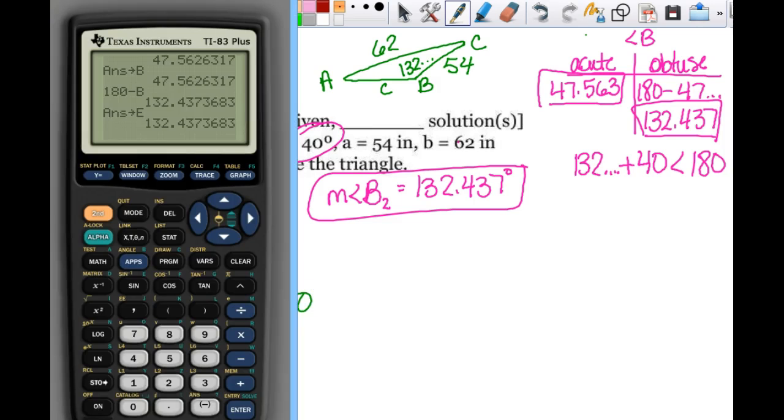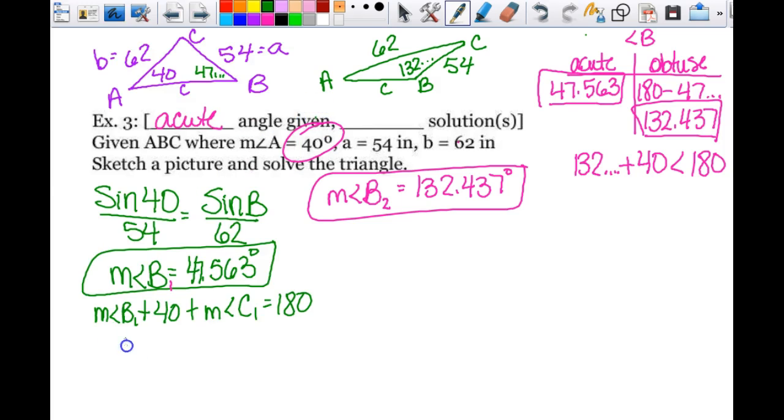So in my calculator, alpha B, that's my B1, plus 40, and then I'm going to subtract that from 180. I guess I could have done it differently, and I get 92.437. So the measure of angle C1 is 92.437.